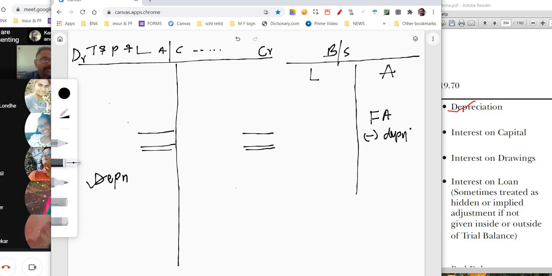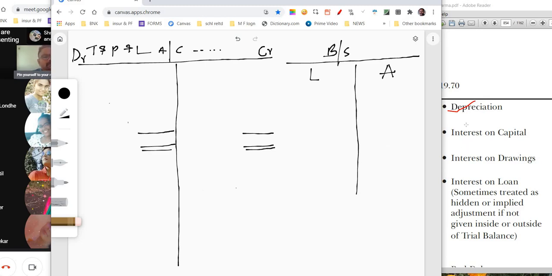That will be the treatment in the balance sheet. So that is also done. Very good. Write in your notebook also. This is done.